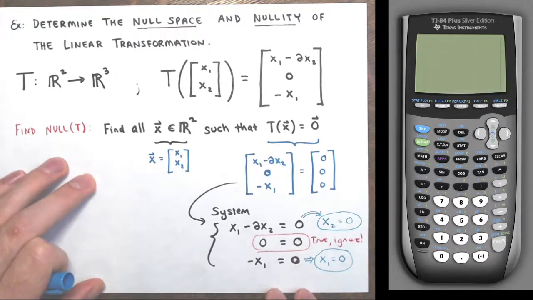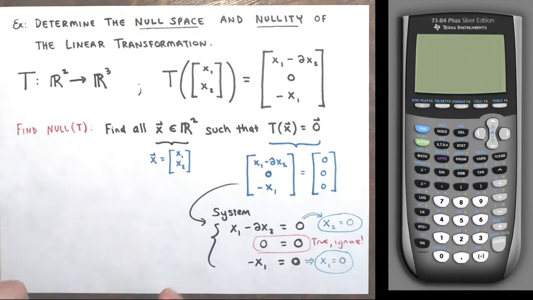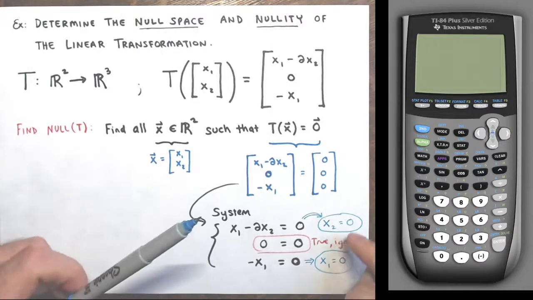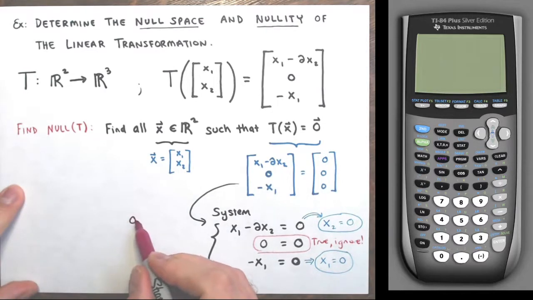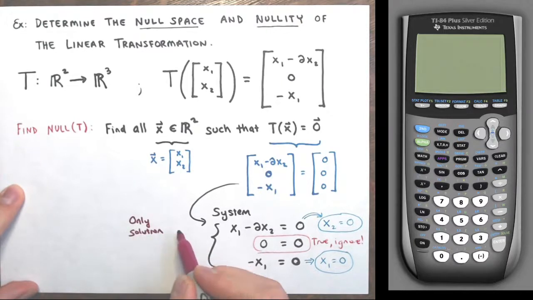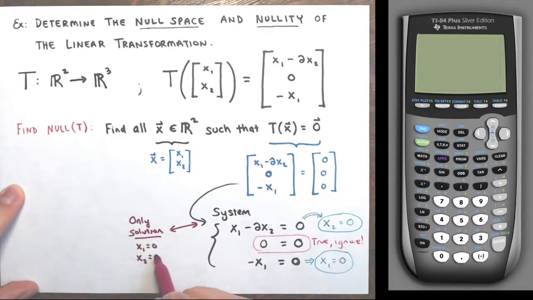So it looks like the trivial solution, where x1 and x2 are both 0, is the only solution to this system: x1 equals 0, x2 equals 0.